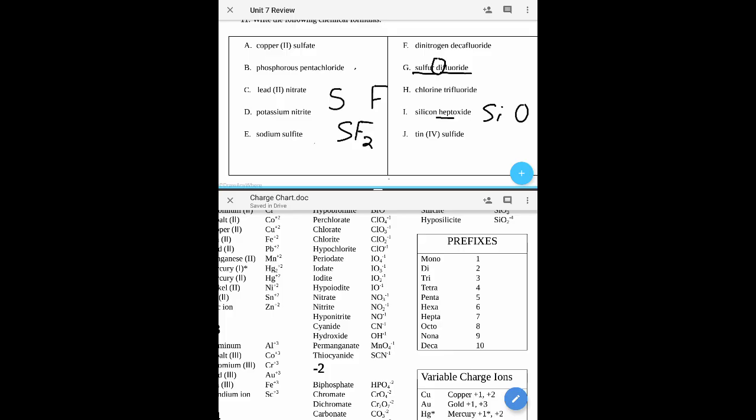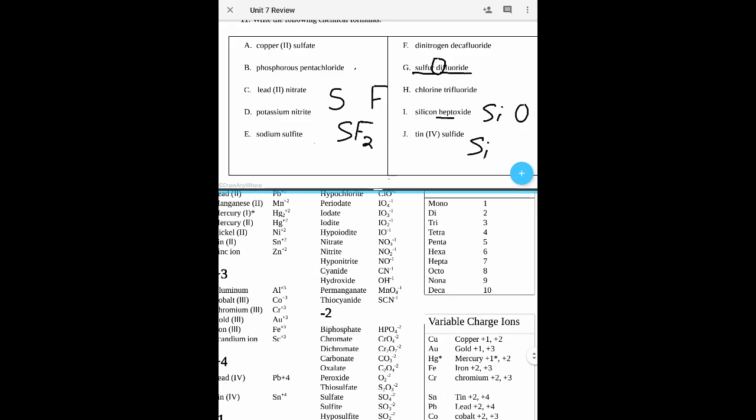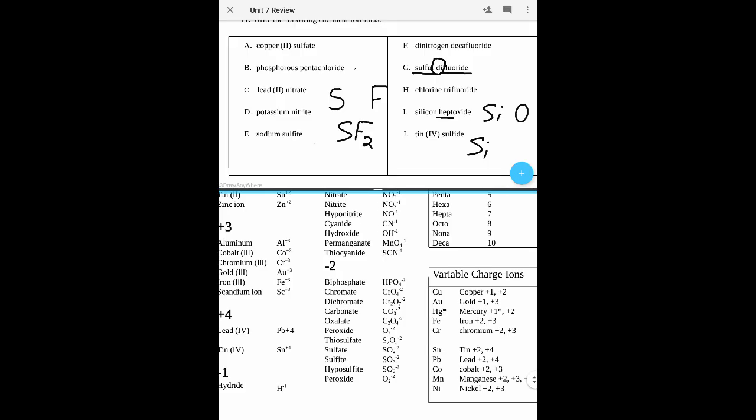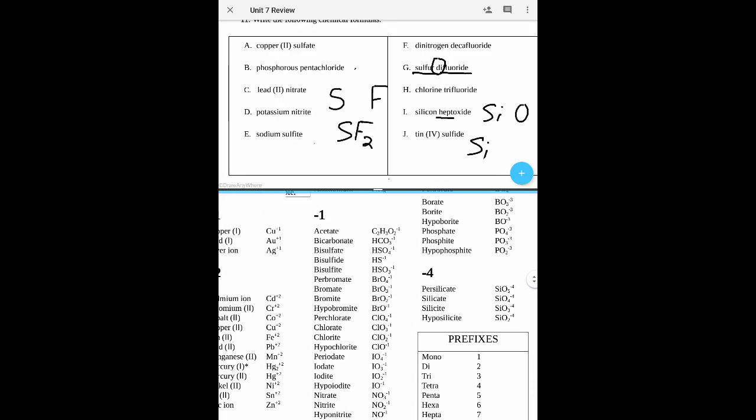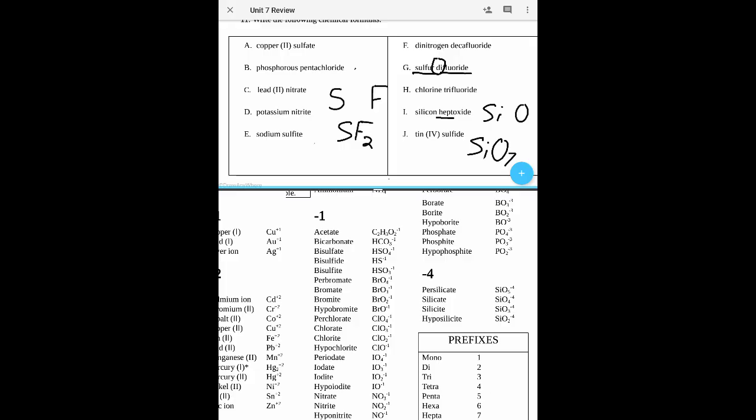Si does not have a prefix, so it's just going to be Si with no subscript. O has a prefix of hept. I can't get it all the way up, but let's see if I can get it down. Yes, I can. At the very bottom there, hepta is 7, so that means O7, just like that. All right, I think that is all we're going to do for this.